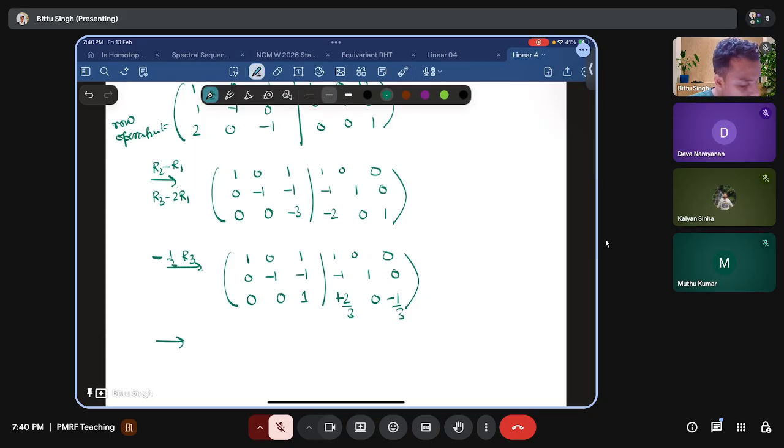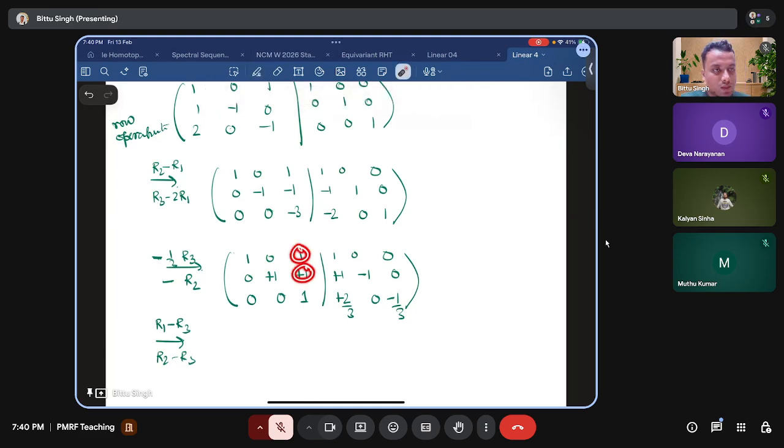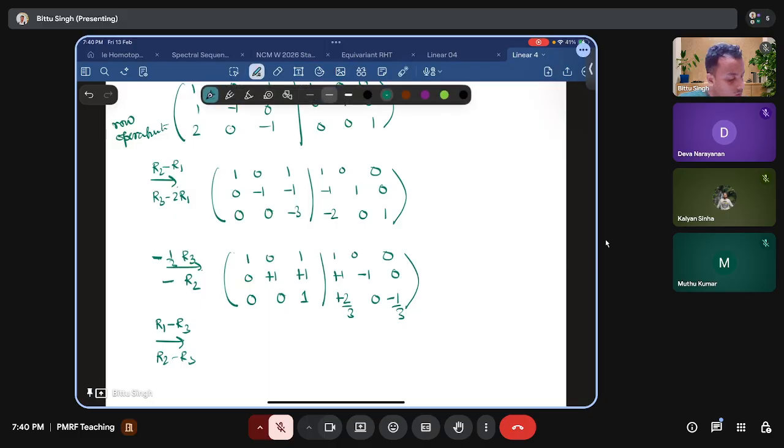We can similarly multiply the second row by a negative sign, so it becomes 1, 1, 1, -1, 0. Then R1 minus R3 and R2 minus R3, so that the last term gets cancelled. Those terms we need to cancel, so we are subtracting R3 from R1 and from R2. Okay, then it becomes the identity 1 0 0, 0 1 0, 0 0 1.